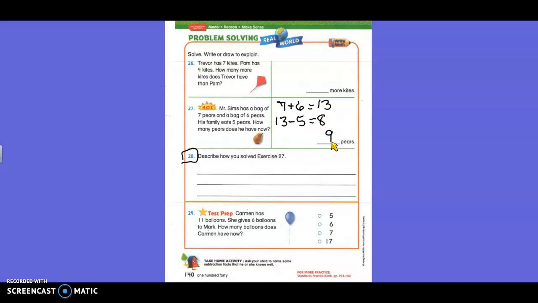Now, number 28 says we have to describe how we solve number 27. What was the first thing that we did to solve number 27? What was the first thing I did, Isaac? We went in that order. Okay, so first, but what did we do?